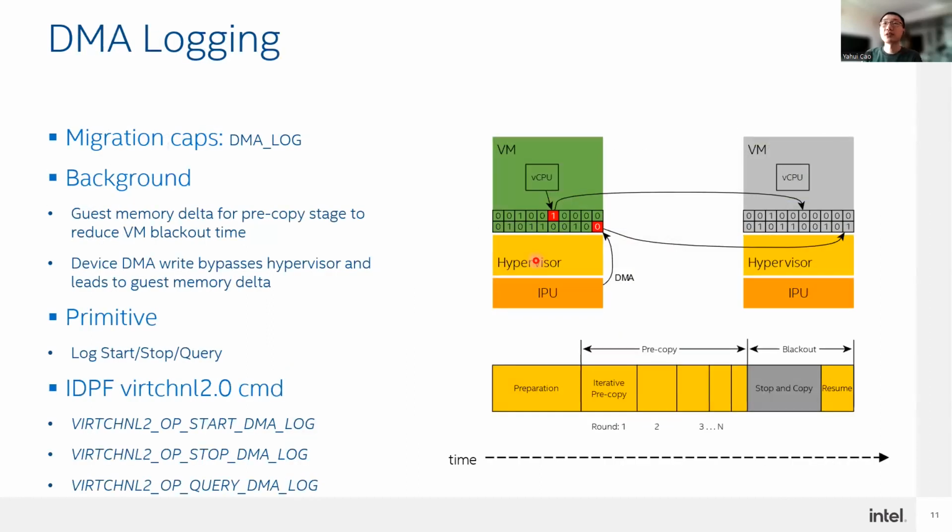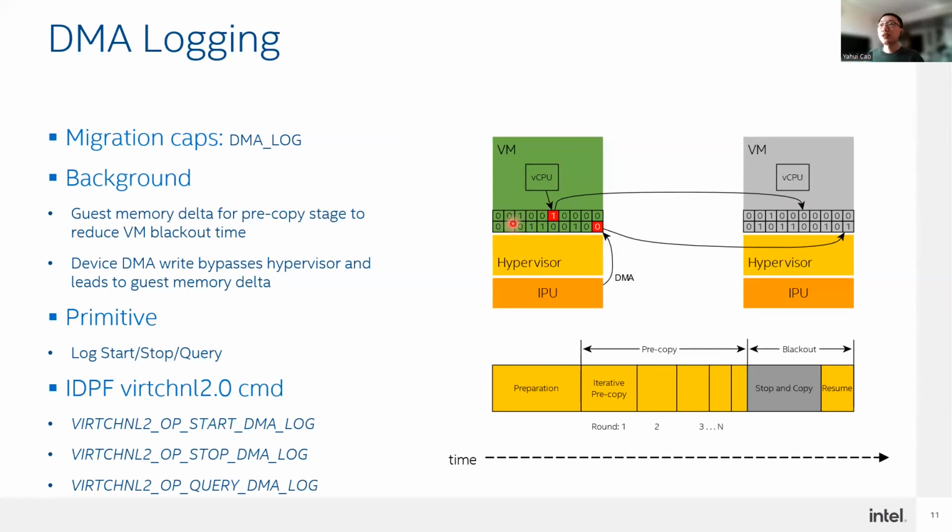So next is about the DMA logging capability. In the device state part, we had some introduction about pre-copy background. Whenever we want to migrate a VM, we just copy everything from left to right, but direct copy may consume too much time. So we just pre-copy part of the memory or other content from left to right.